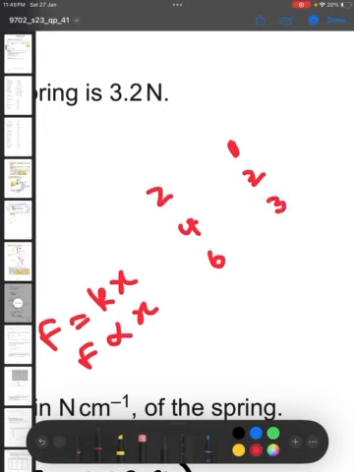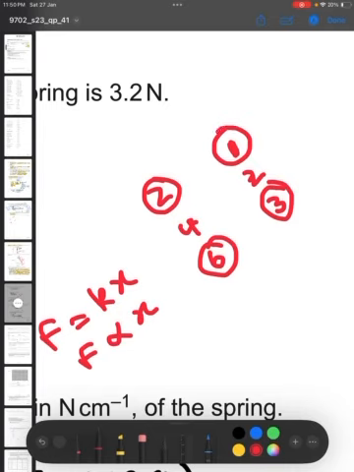Now, there's another consequence to this. The consequence is that if I were to subtract this 2 from this 6, and this 1 from this 3, I would be able to find the spring constant. Now, what do I mean by that?